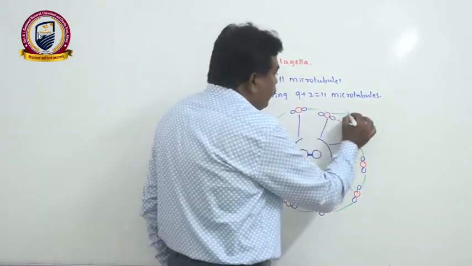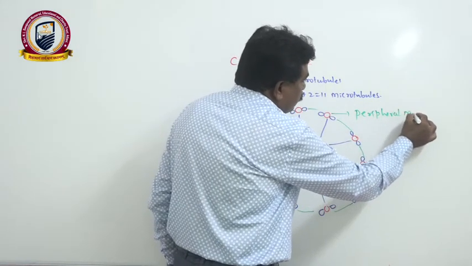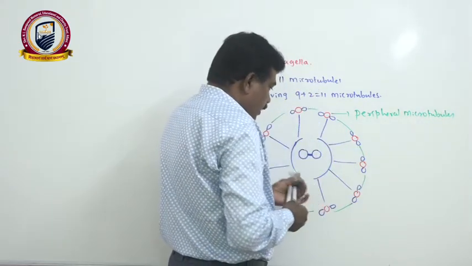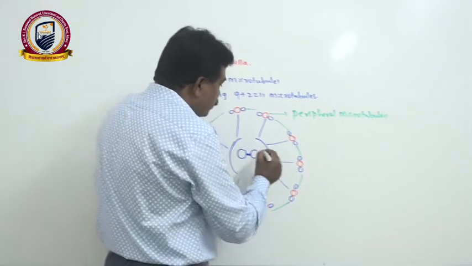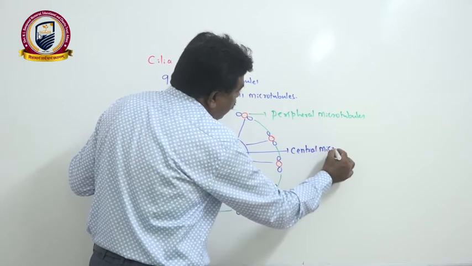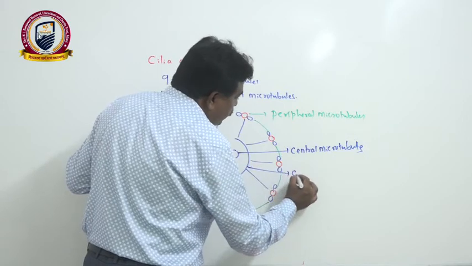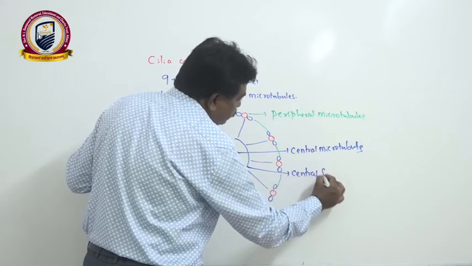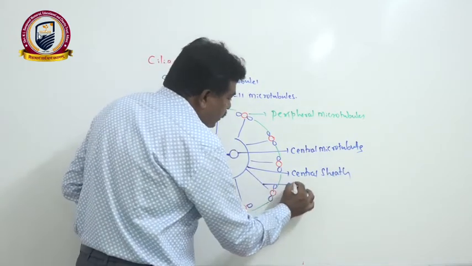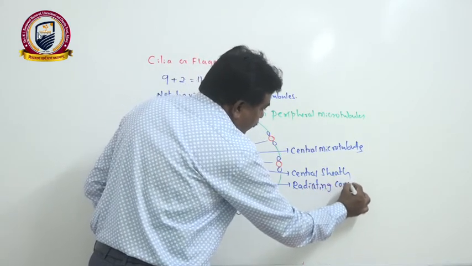These are peripheral microtubules, and we have 2 central microtubules. Around the central microtubules, there is a central sheath, and once again the radiating connections.